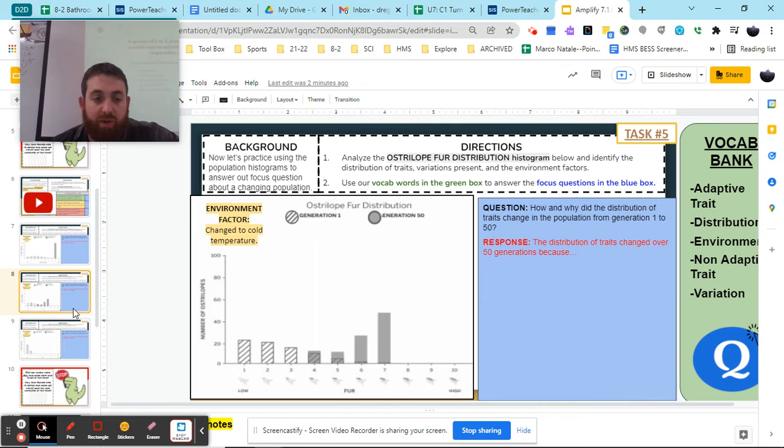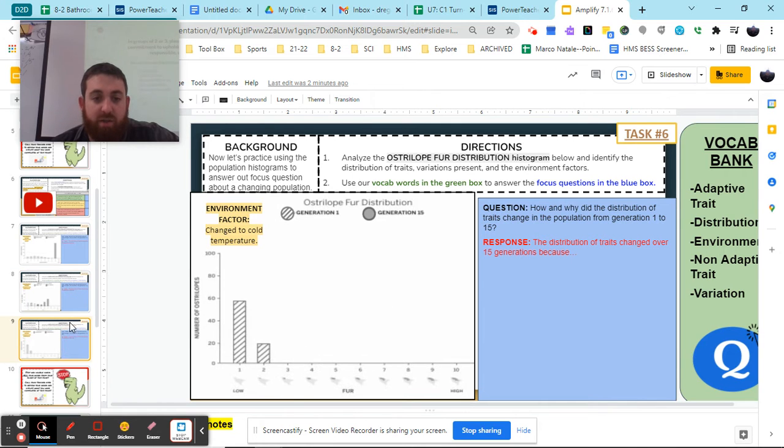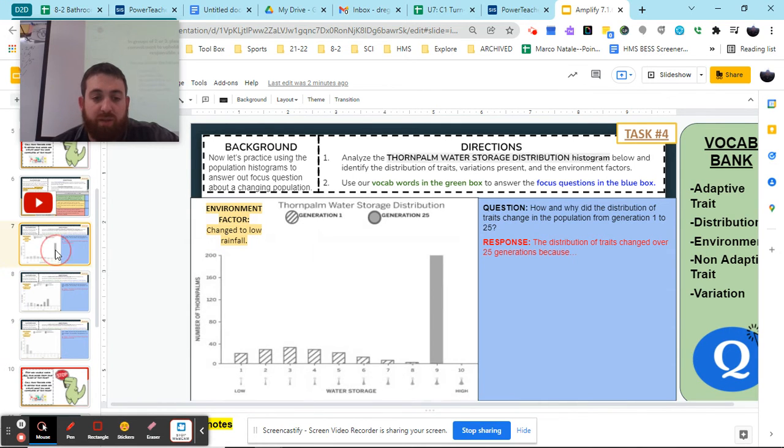Each histogram, whether it's task 4, 5, or 6, has some very similar things. Number one, you'll see a specific organism from our simulation. You'll see the histogram will have some sort of feature at the bottom. You'll see their traits. You'll see a set of data, or these bars here, that represent generation 1. Those will be the striped ones.